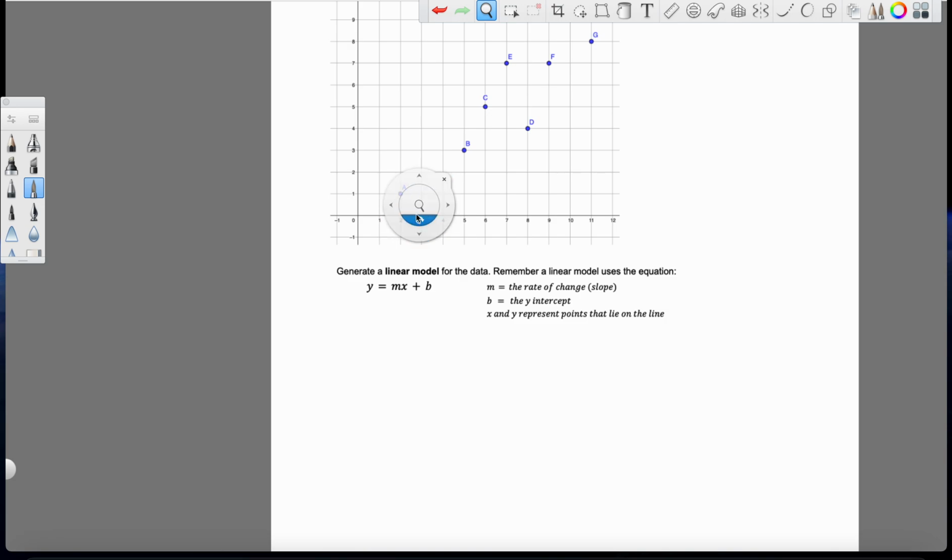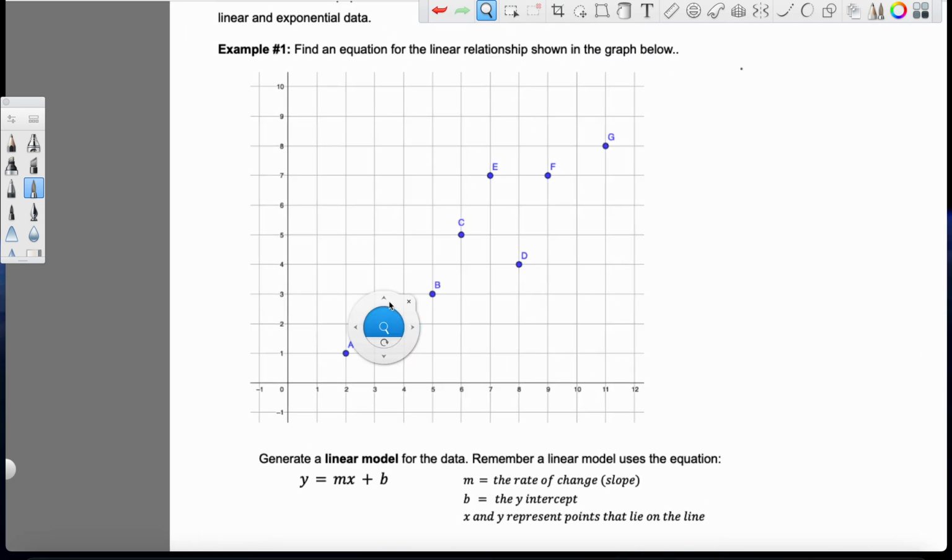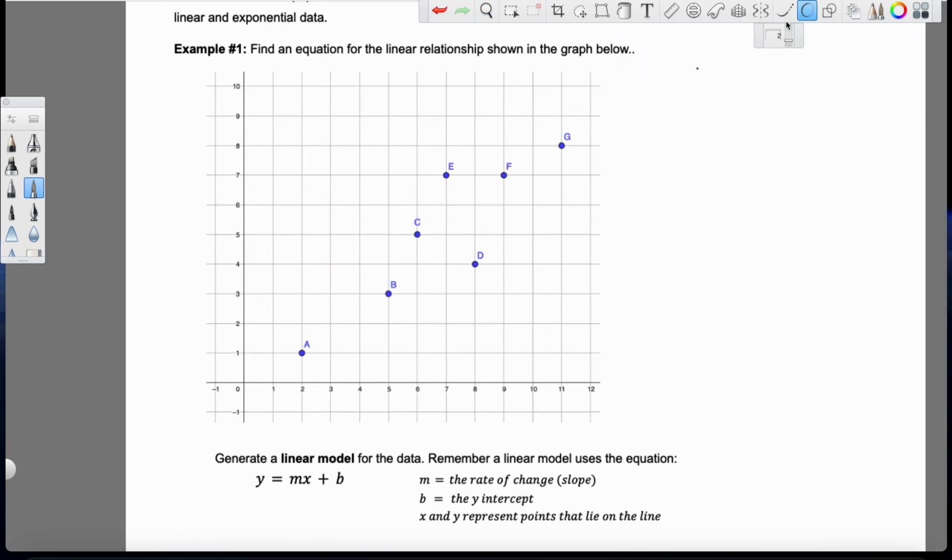So let's look at linear. I want to make a line of best fit that goes through this scatter plot. We're just going to take a ruler and try to estimate a line here.